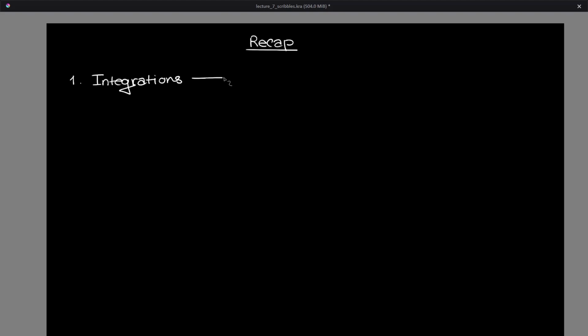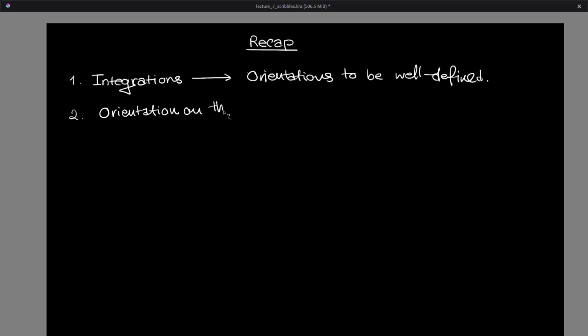Then we saw that in order for integration to be well defined, we need orientations, to be well defined and coordinate independent. So we started with a bottom-up construction. We take a real vector space and define an orientation on it.